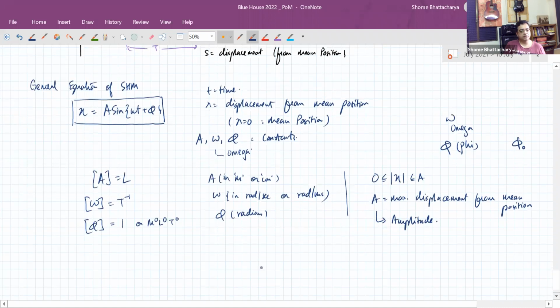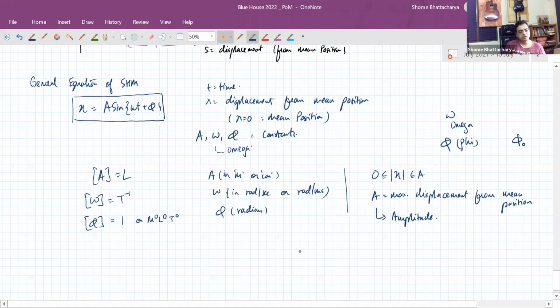Now you will also see that in general, sine of theta is the same thing as sine of 2n pi plus theta. So that means sine of omega t plus phi is the same as sine of omega into t plus any integer multiple of time period, plus phi.